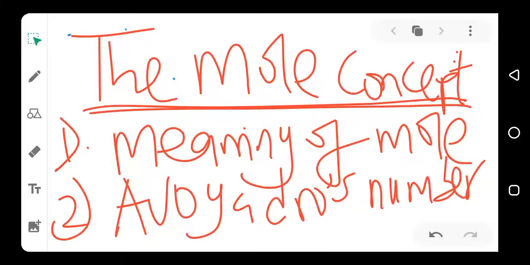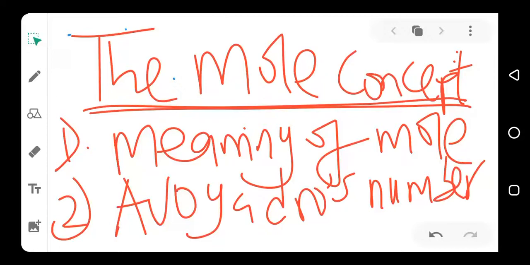Welcome to this class. In this class, I'm going to introduce you to the concept of the mole. So we are looking at the meaning of mole and Avogadro's number. You've probably heard about dozen, which is used by every person, including the market women.